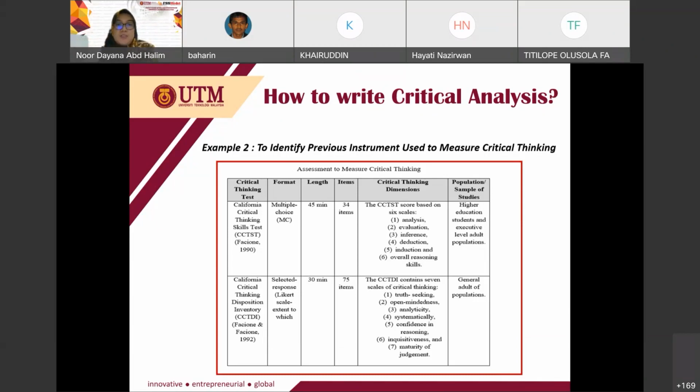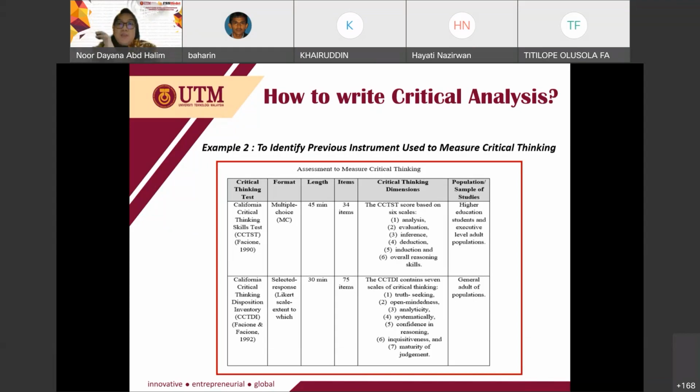Okay, so this is the table that Dr. Nadwa illustrated in her thesis. It has the CCTS instrument, the CCTDI, and something like that. I believe from this table she will find out which is the suitable instrument for her study.